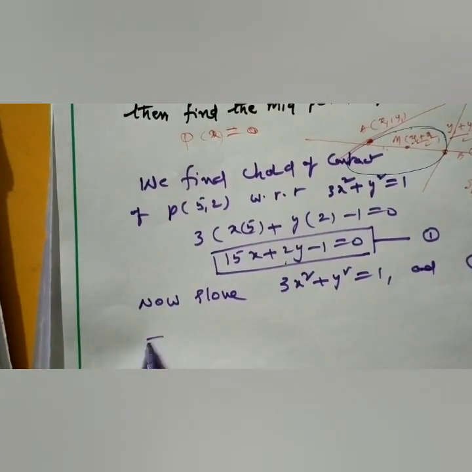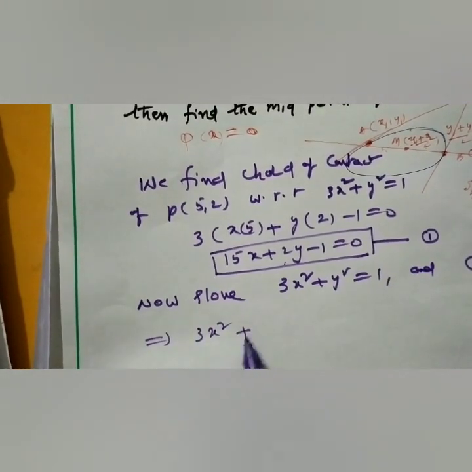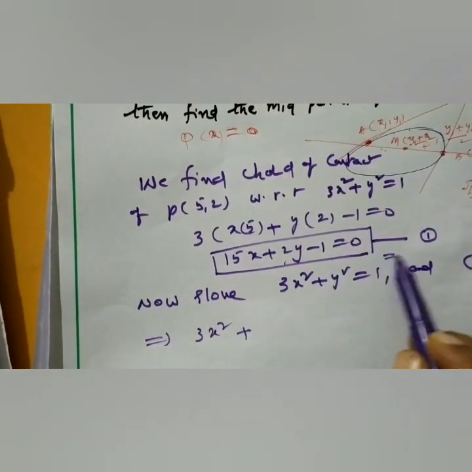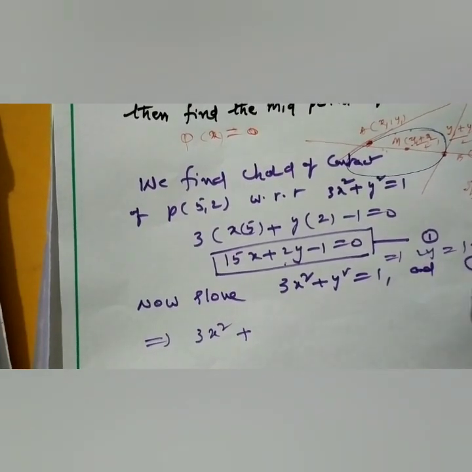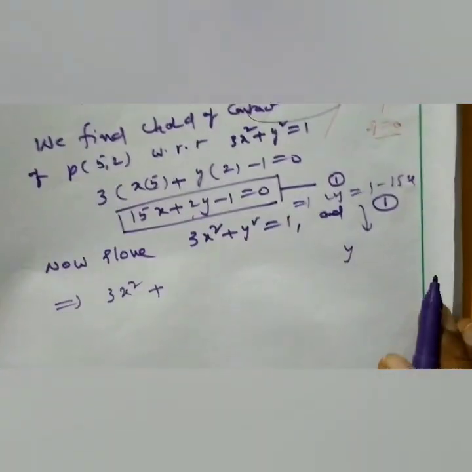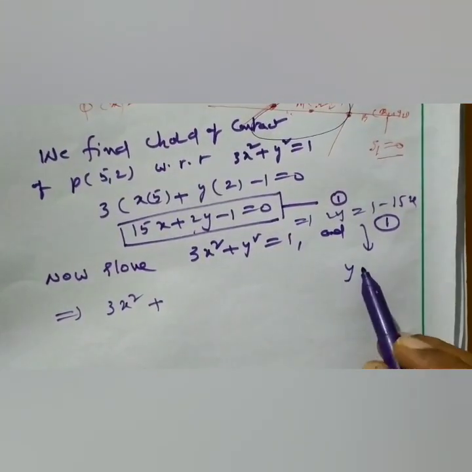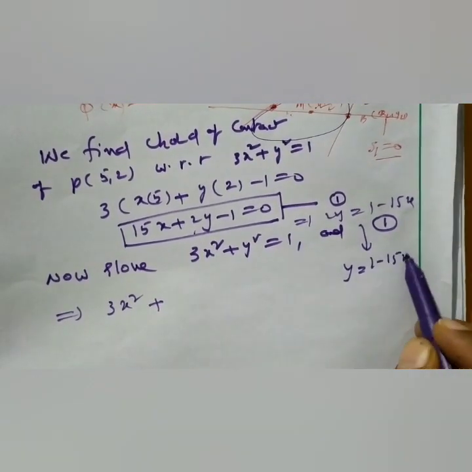From this equation, 2y is equal to 1 minus 15x, so y is equal to (1 minus 15x) by 2.